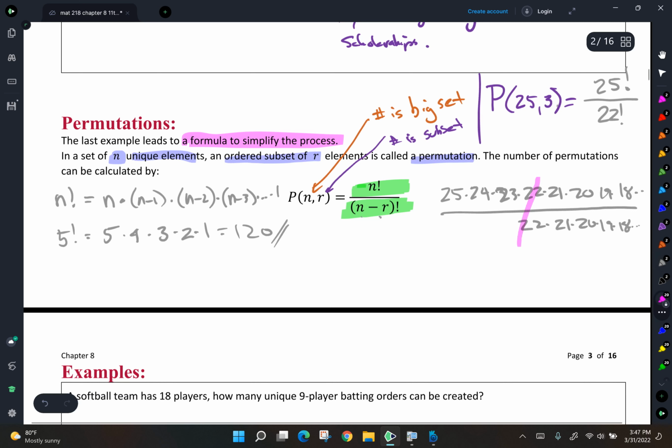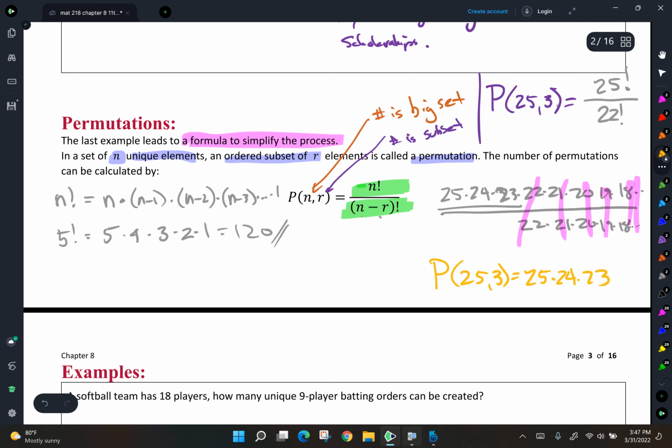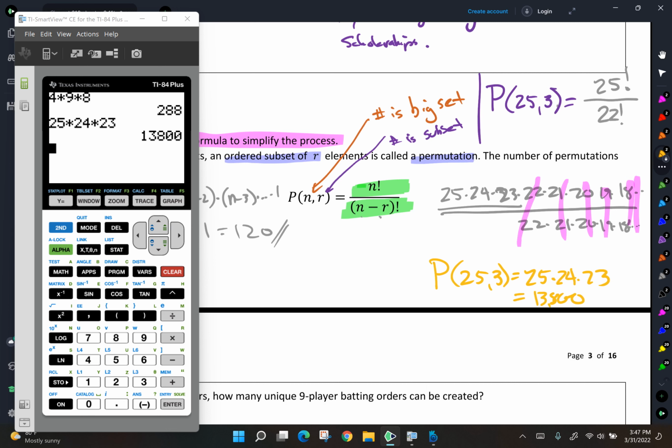And what you'll see is the 22, the 21, the 20, the 19, the 18, the dot dot dots, they all cancel each other. We're just left with those three out in front. So that means that our 25P3 is going to be 25 times 24 times 23. Calculator? Oh, I just did it. It's 13,800. So I just verified using a formula the other answer that I got.